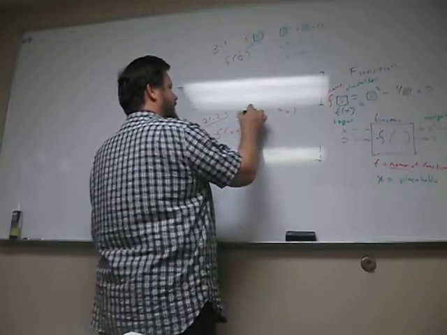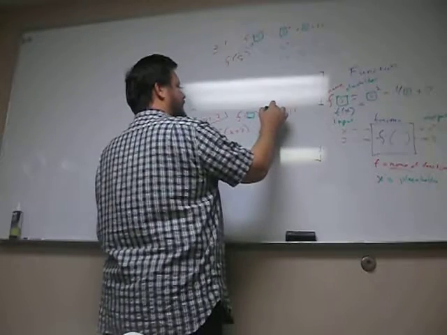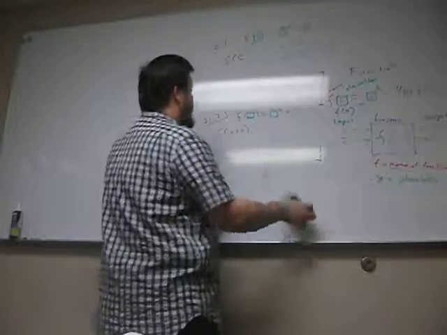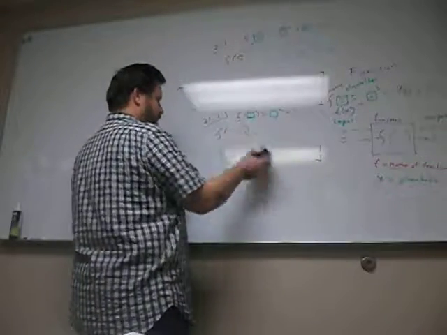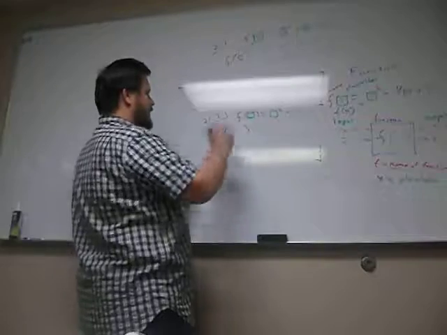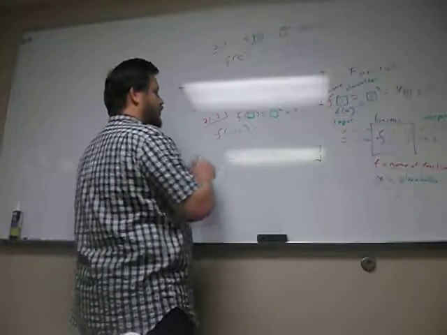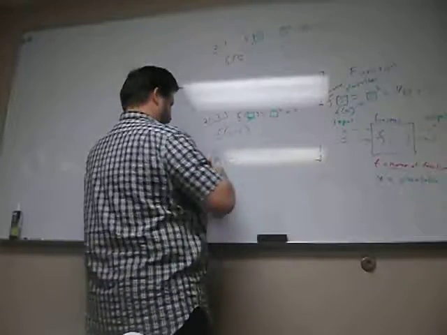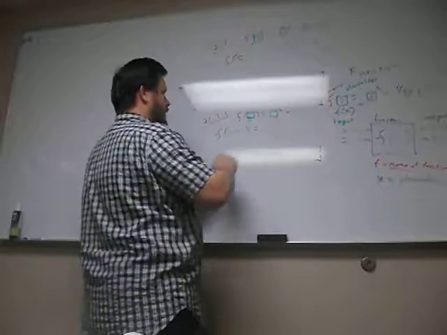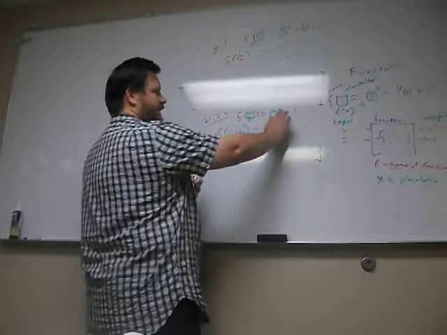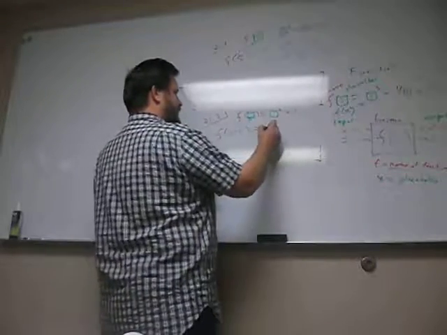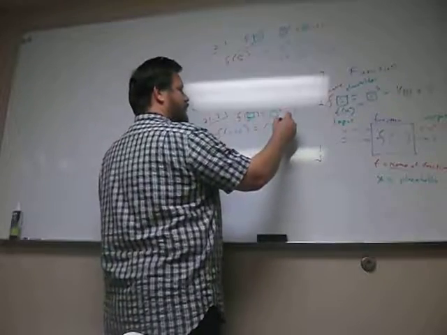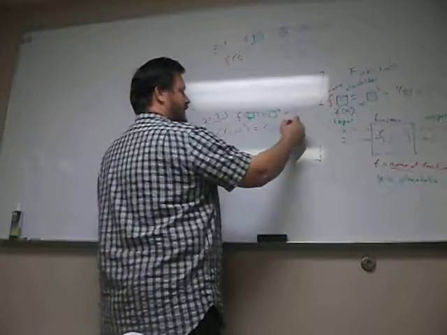Let me draw my little bucket again. Horrible bucket. Oh well. My apologies to buckets everywhere. So let's say x plus 2 is what I'm going to plug into this bucket. Whatever I plug into the bucket, I have to square. So if x plus 2 is what I'm plugging in, that means I have to square that and then add 1.